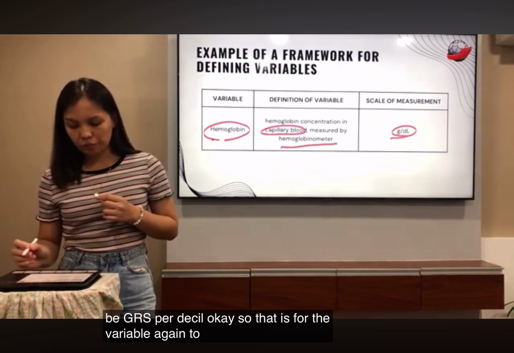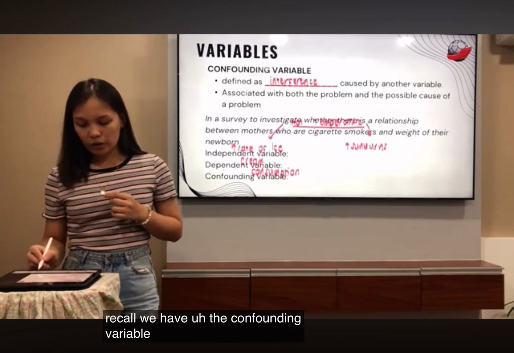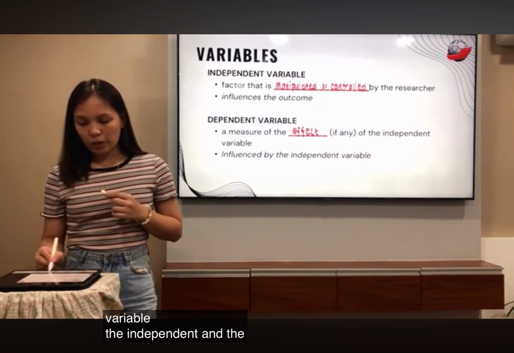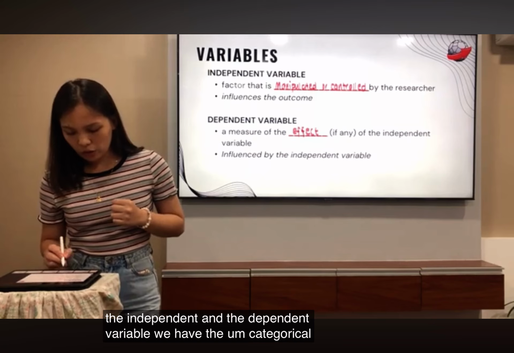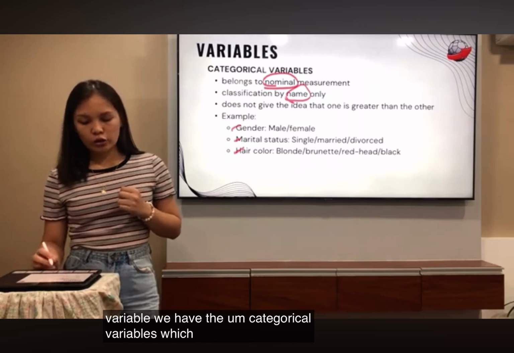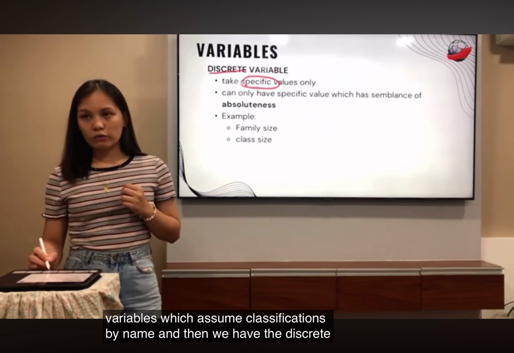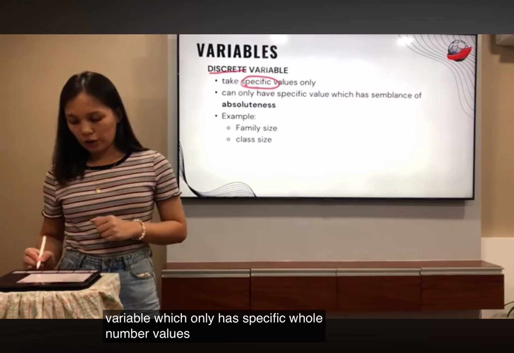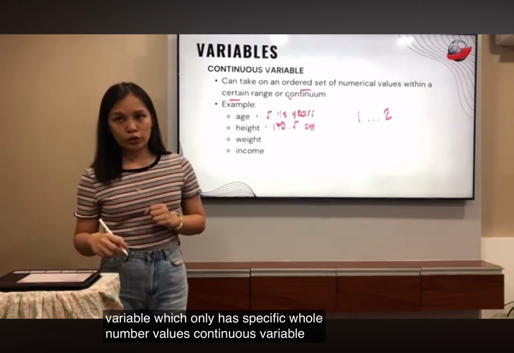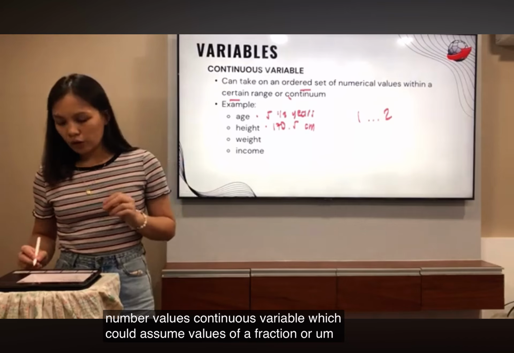Again, to recall, we have the confounding variable, the independent and the dependent variable. We have the categorical variables, which assume classifications by name. And then we have the discrete variable, which only has specific whole number values. Continuous variable, which could assume values of a fraction or decimal.